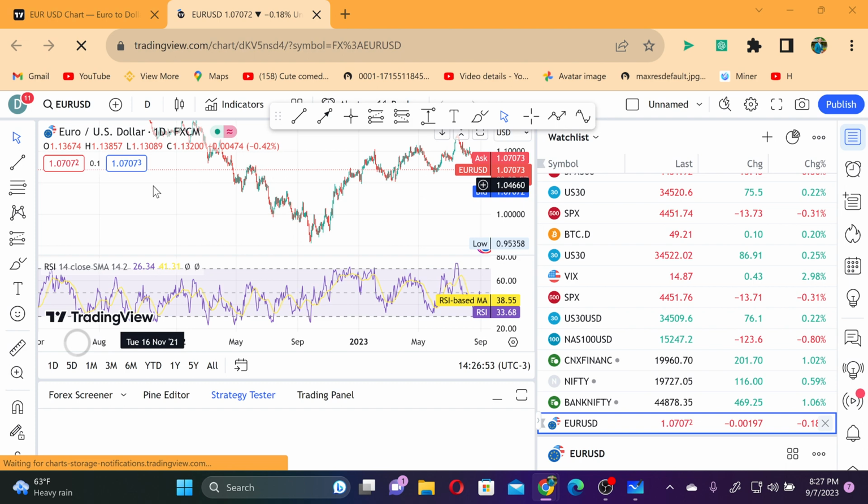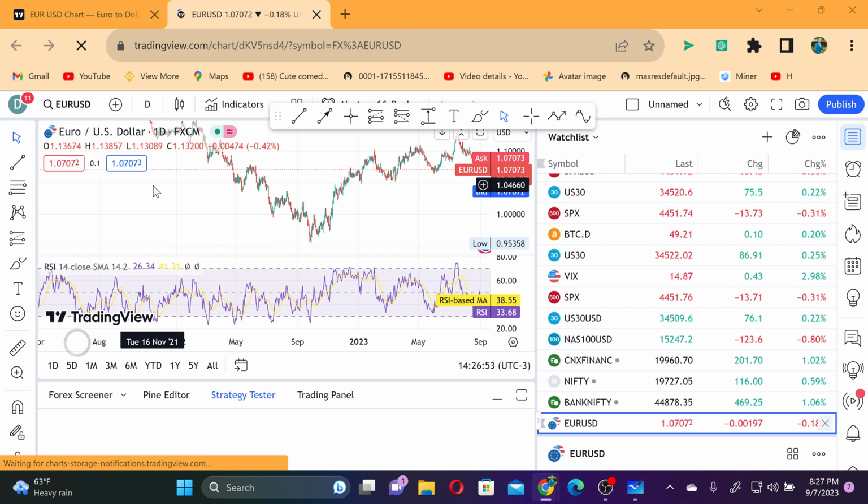This is a 1 day time frame, and you know this market can act over here because it is coming all this way down. Then this market can be trying to form what we call the double bottom over here, and this can be a resistance point across this area. So there's a possibility this market can be trying to come all this way here around this region, and then after touching here, it can try now to correct back all the way to 1.09 over here.